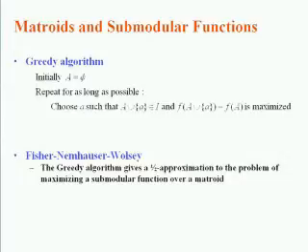Now, suppose you happen to be in this nice framework of trying to maximize a submodular function over a matroid. In the 70s, Fisher, Nemhauser, and Wolsey showed that there's a very simple greedy algorithm that would do a lot of the work. As it indicates, you build a greedy solution as follows.